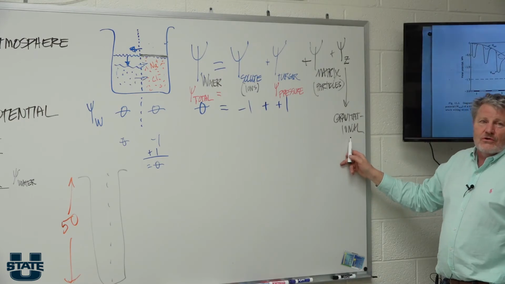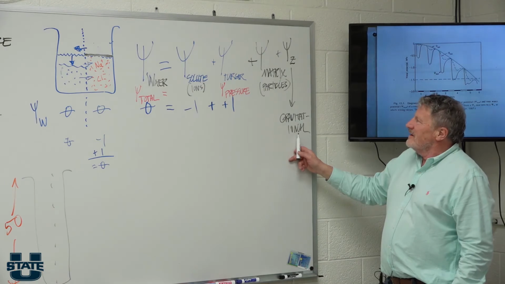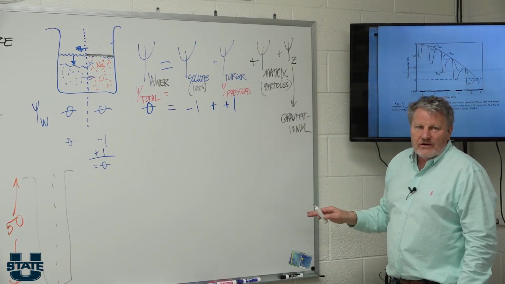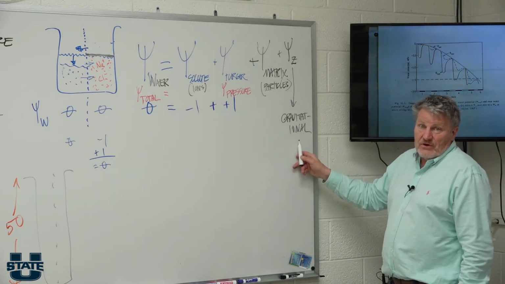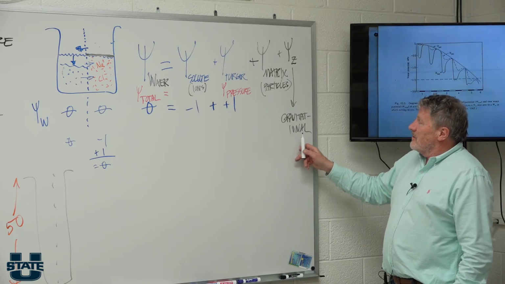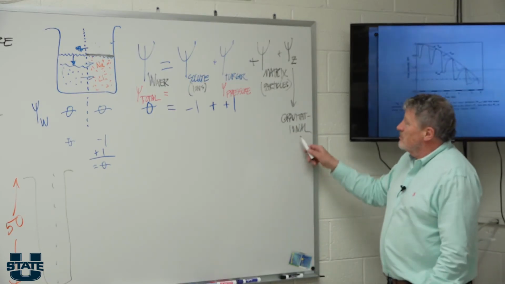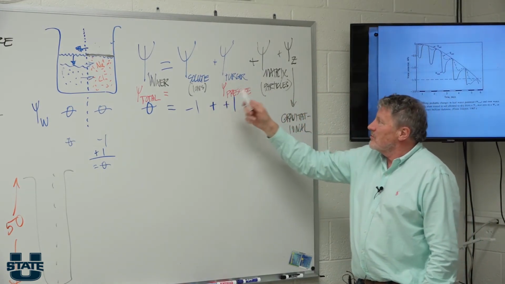Well, we usually ignore gravitational, because in a 1 or 2 meter tall plant, this is hundredths of a megapascal and we just ignore it. Now if we start studying redwood trees, now it starts to add up. But for typical crop plants that are less than 2 meters, this is such a tiny number that we don't worry about it compared to all these.